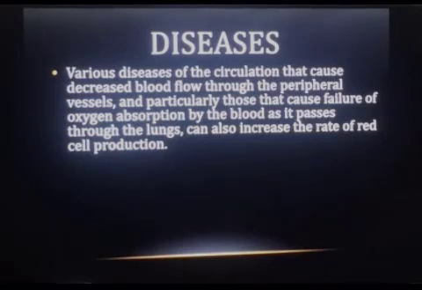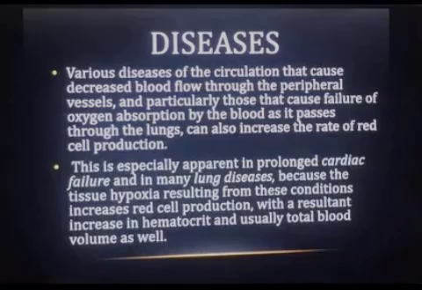So when there is slow circulation, there is less delivery of oxygen to the tissue, and there is increased production of RBCs. This is especially apparent in prolonged cardiac failure, when there is congestive cardiac failure, and in many lung diseases.